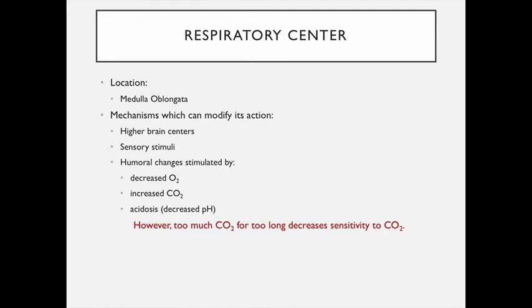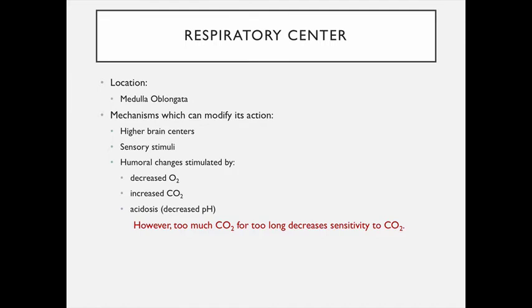So of those on the list, increased carbon dioxide and consequently acidosis are probably the most significant markers in terms of altering respiration. Decreased oxygen will do it as well. I'm going to show you a picture in a minute and make a little more sense out of that. Decreased oxygen levels are going to be less acute, but they definitely will play a role.